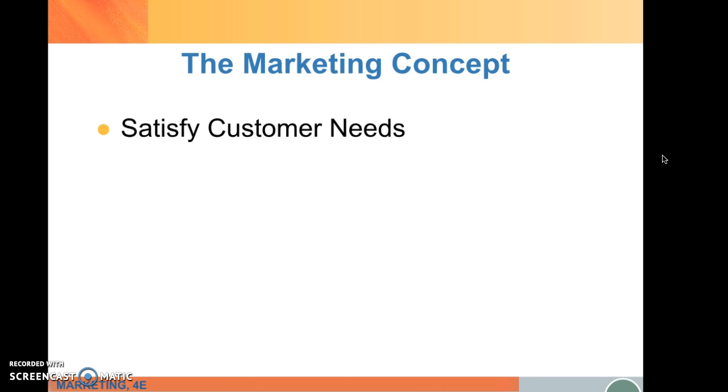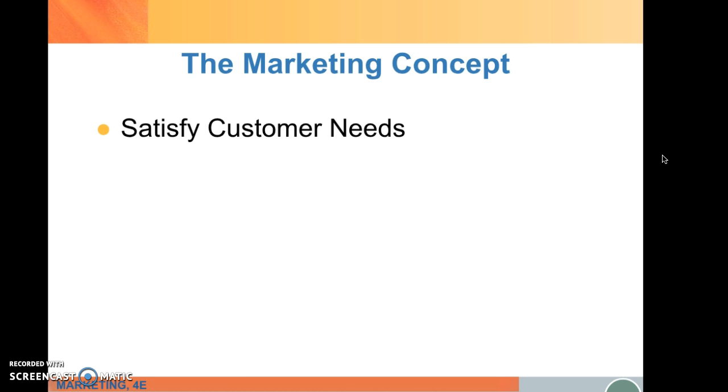Okay, so we talked about a lot of those marketing functions the past couple days. So actually applying the marketing function isn't as easy as it sounds.